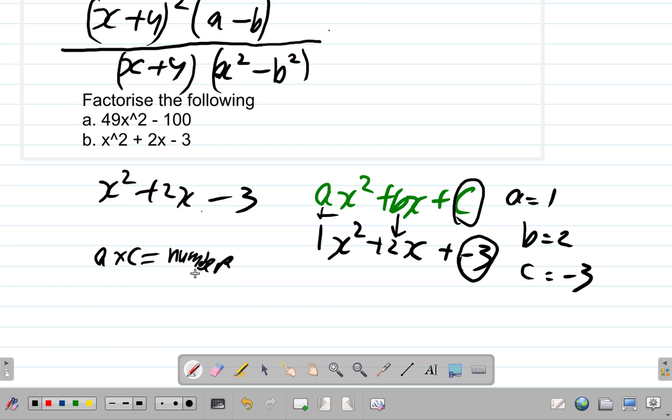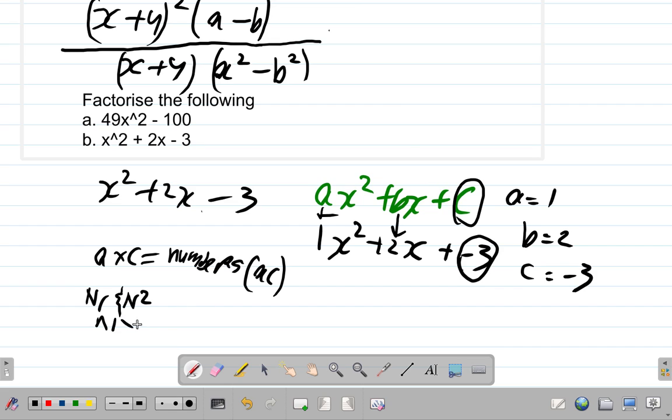Now, you find two other numbers. The number is AC, whatever that number is. A times C gives you AC. Now you think of two numbers, call them N1 and N2.